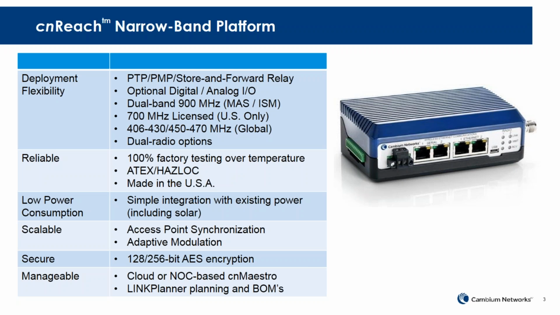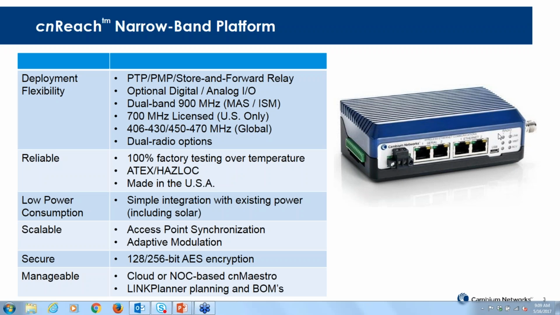So we have our point-to-point and point-to-multipoint, and we also have store and forward relay applications. You can use the same device as a point-to-point, a point-to-multipoint, or a relay. It has built-in optional analog and digital I/O, and it's available in several different frequency bands.